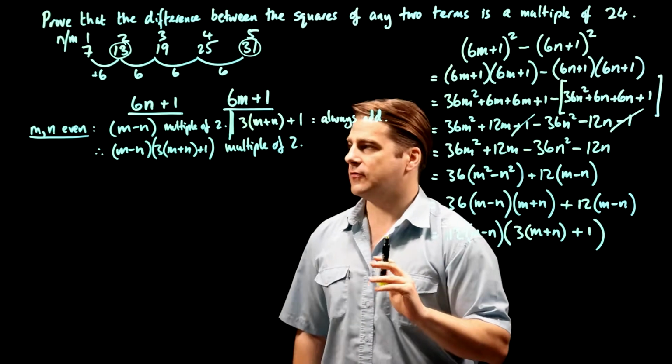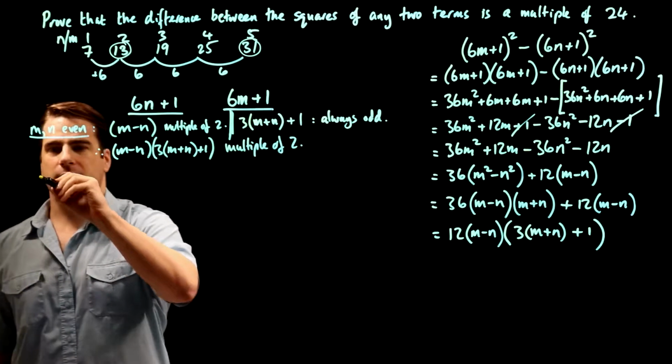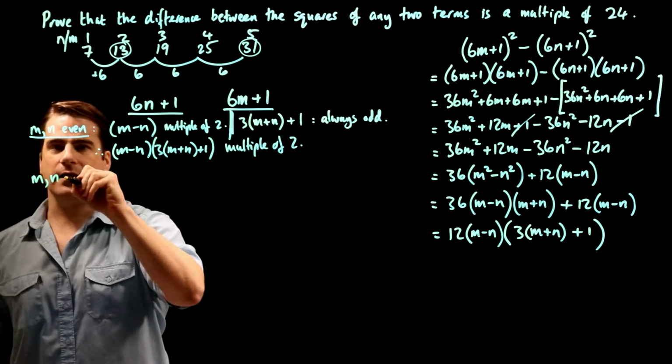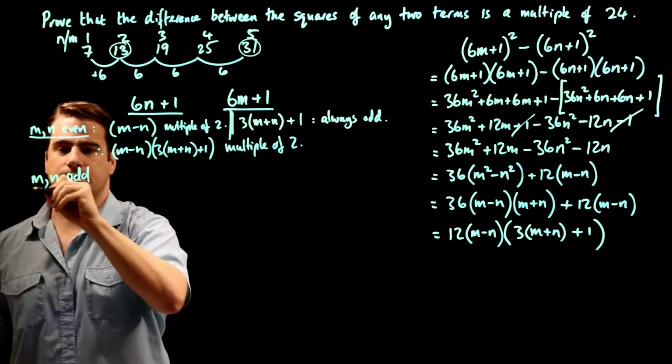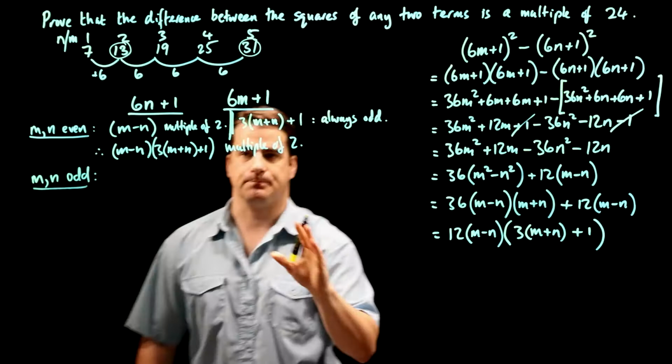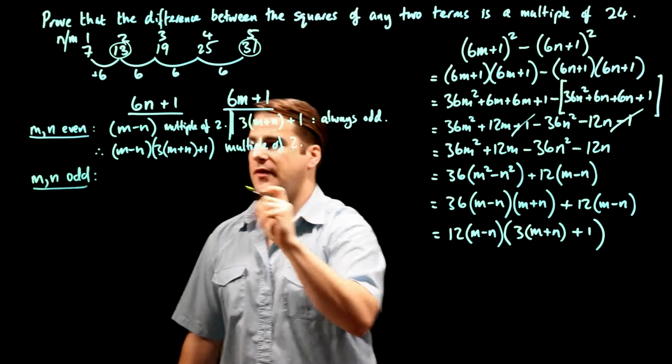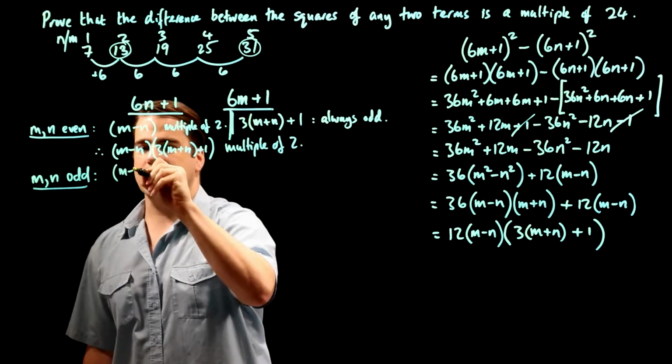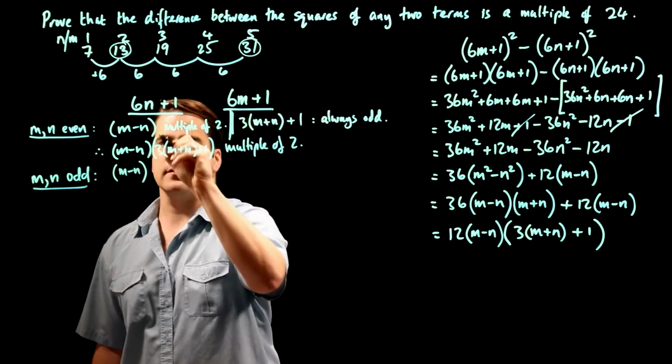Okay, good. Let's consider the case where m and n are both odd. Same thing again, the m minus n bit.